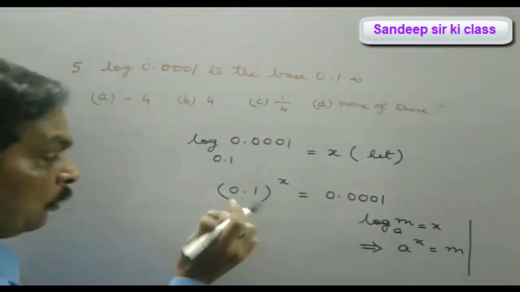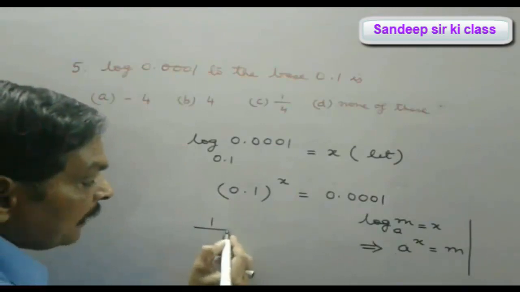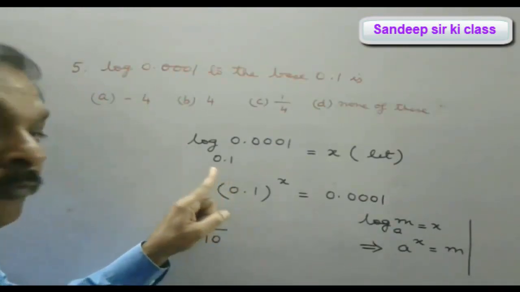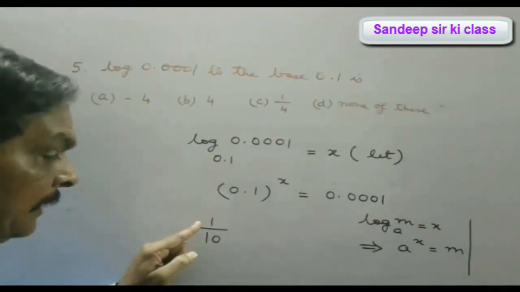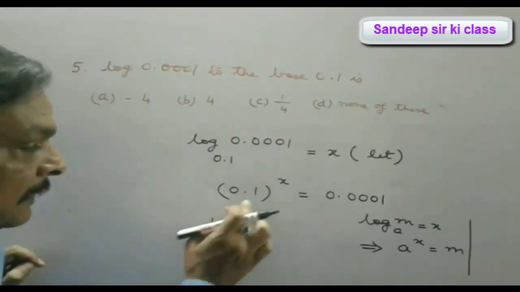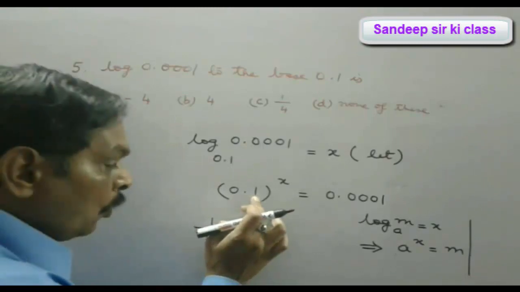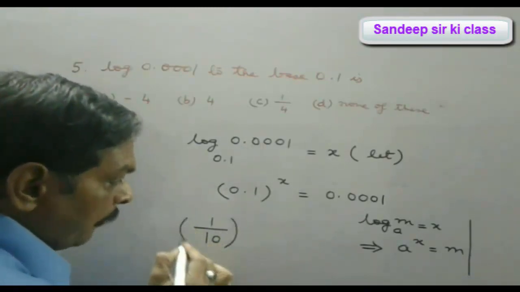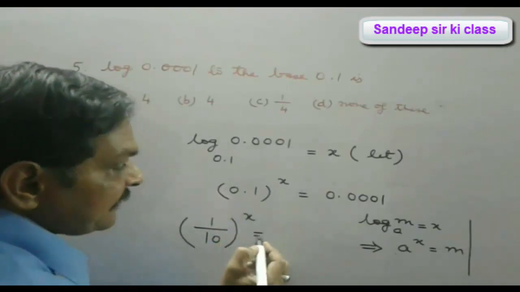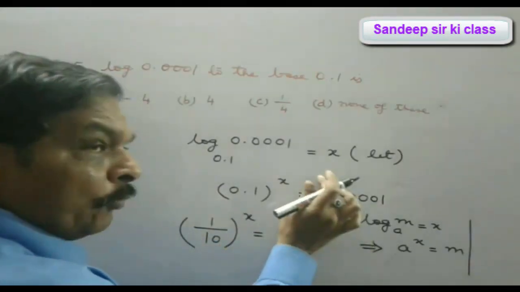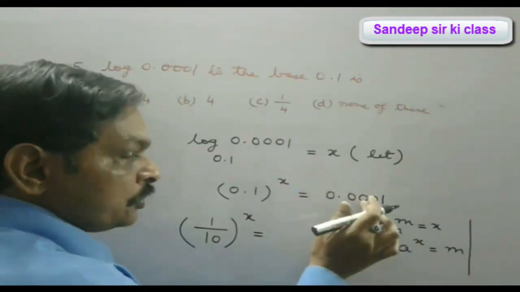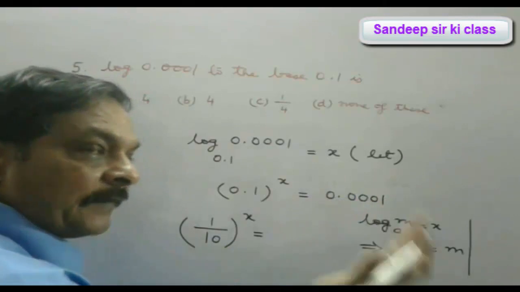Now 0.1 can be written as 1 upon 10. If I remove the point and write 1, then one digit is more, so a 0 will be there. So (1 upon 10) to the power x is equal to 0.0001, which I write in the fraction form.